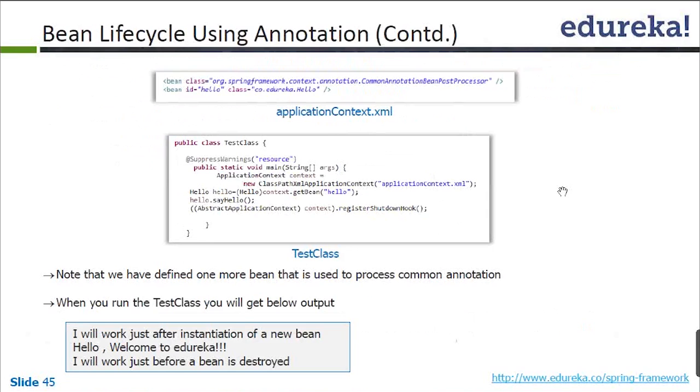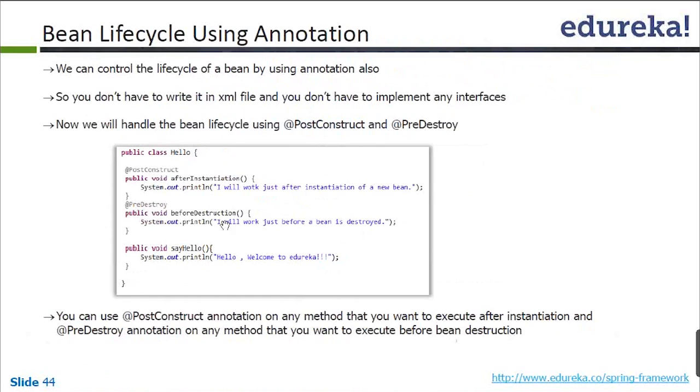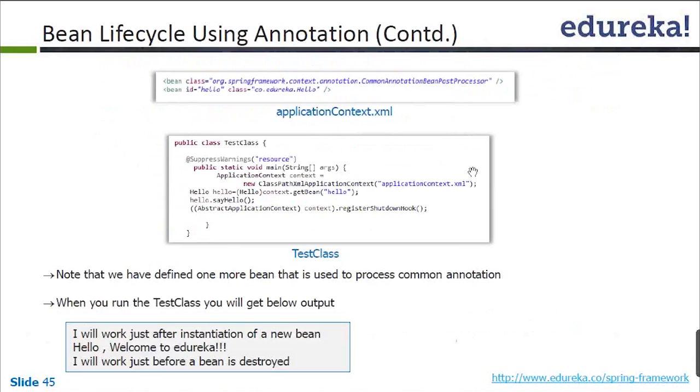Okay, next. But one thing to understand here is that @PostConstruct and @PreDestroy do not belong to the Spring framework. Rather, they belong to the Java EE specification. So for that reason, we need to add a bean with class equal to org.springframework.context.annotation.CommonAnnotationBeanPostProcessor.